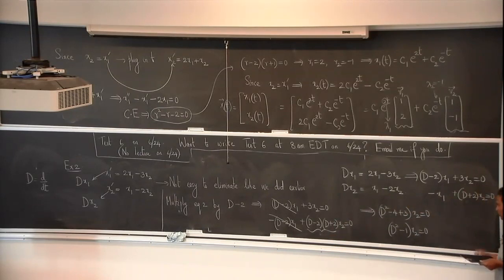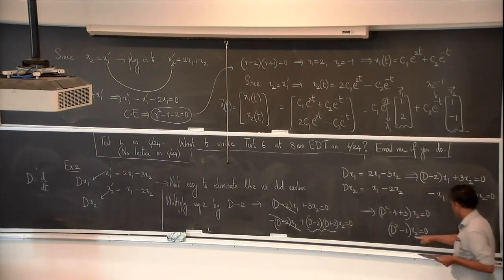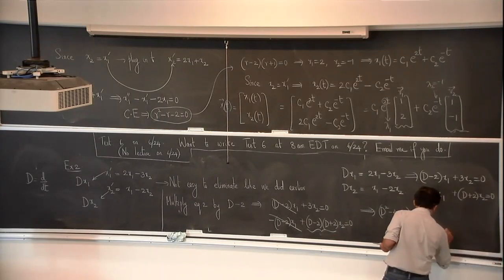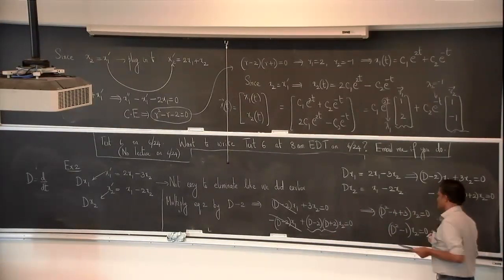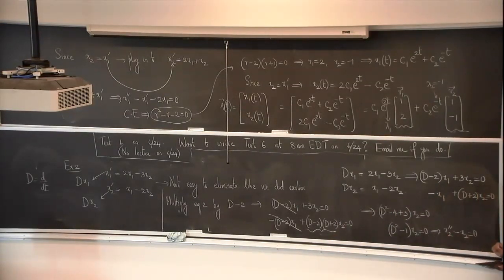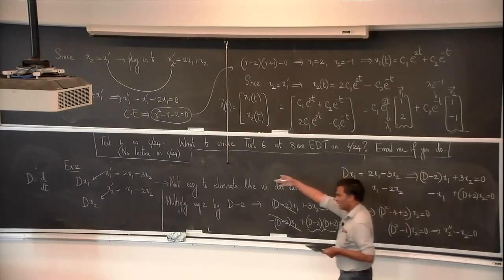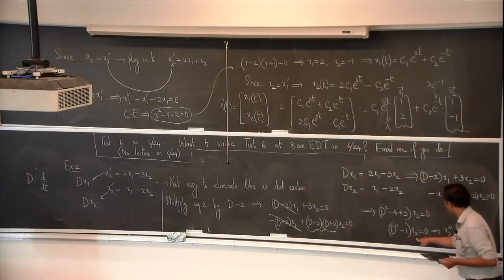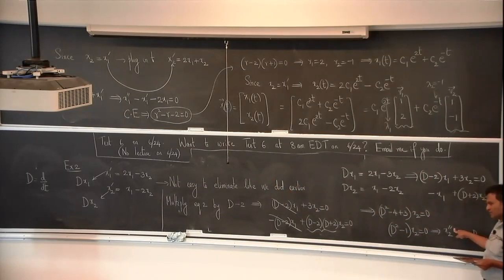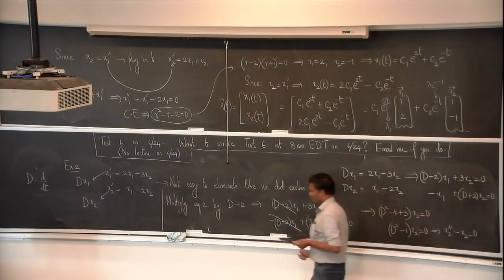Now, we need to go back and think about what D was. That was a derivative with respect to t. So this is now x2 double prime minus x2 equal to 0. So we did the process of elimination, and then we retrieve what was initially supposed to be, right? Capital D is d/dt. So capital D square x2 is the second derivative of x2. Pretty clever.